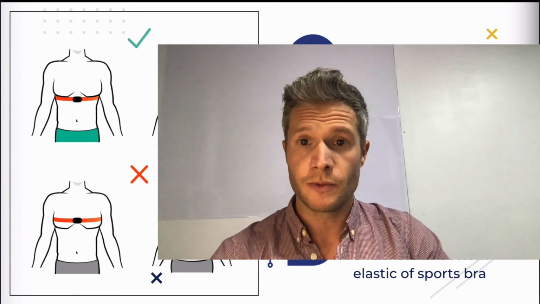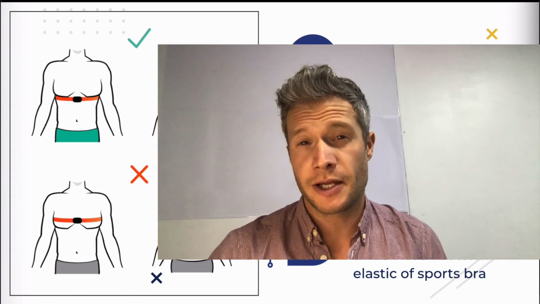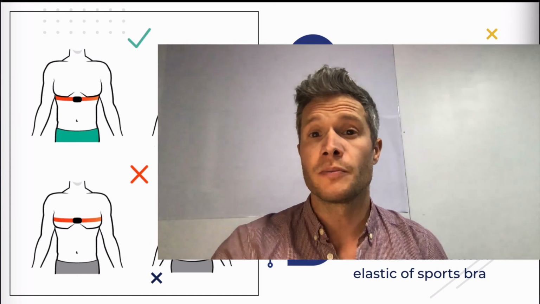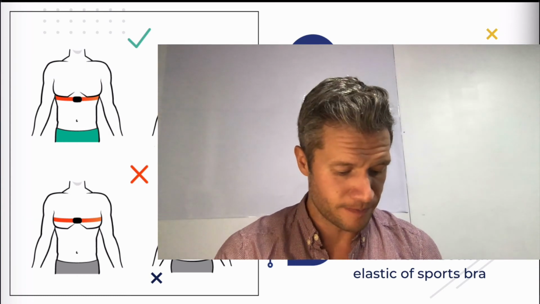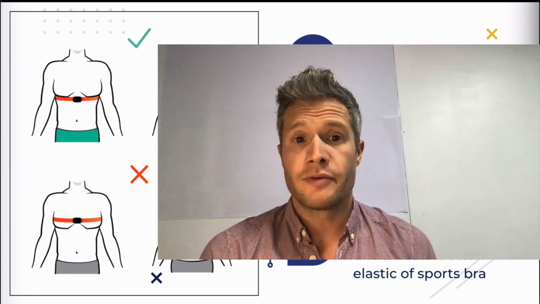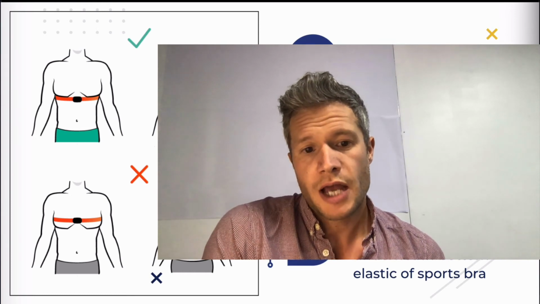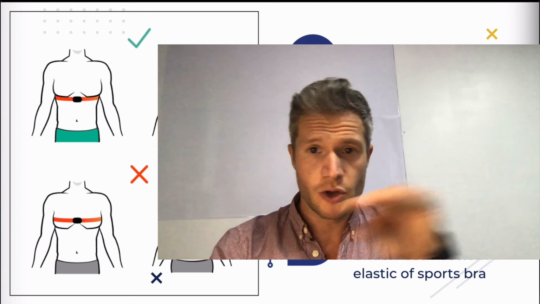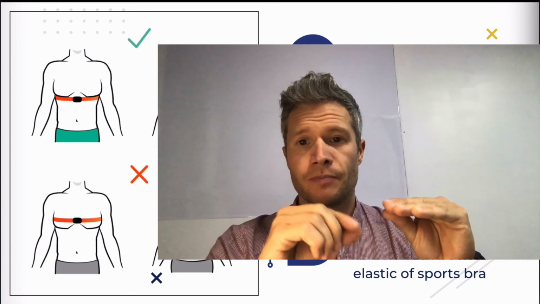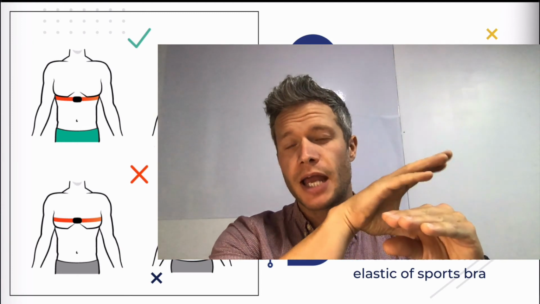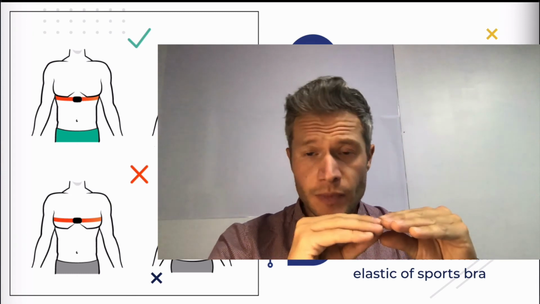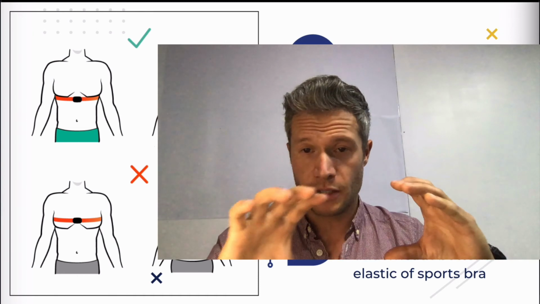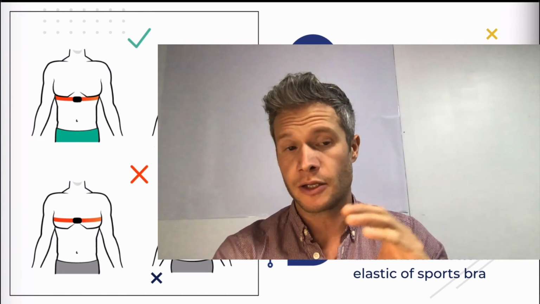Typically what they do is pick up the changes in the color of your blood as it passes by the lights. When there's no blood traveling through the artery, these lights pick that up as a certain color, and then the color changes as the volume increases through the artery in your wrist.